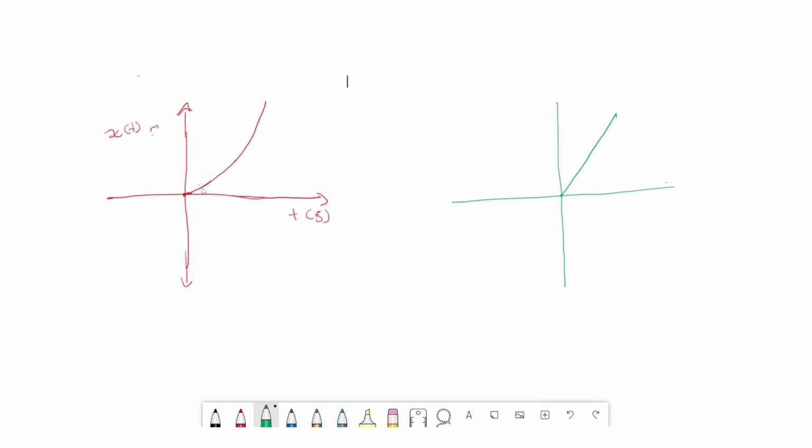Why is the velocity increasing? If you find the tangent here, the tangent is this line with the slope. If you find the tangent here, you can see that the slope is changing, it's increasing. You can see that the slope is turning up as you go, which means that the slope is actually increasing, right?